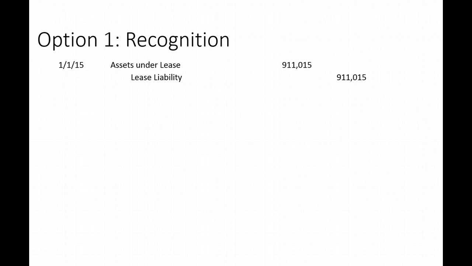Well, at this point, the liability has been outstanding for 0 out of 12 months, and so the entire $160,000 of lease payment goes to reducing the lease liability. And so that also occurs on January 1st.